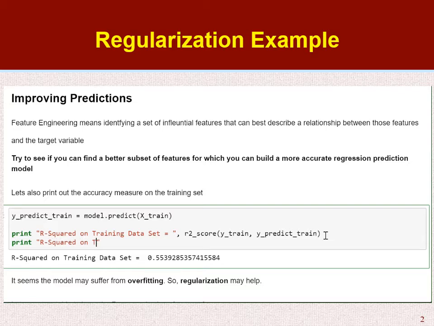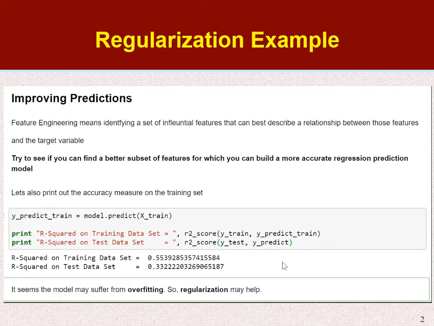I'm just going to do the same for the testing dataset here, so we have both of them. The R2 score for my test dataset and the prediction that we made for it. Right, so the R squared value for the training dataset is 55%, which is higher than the 33% for the testing dataset.